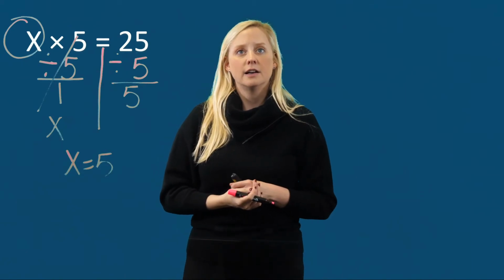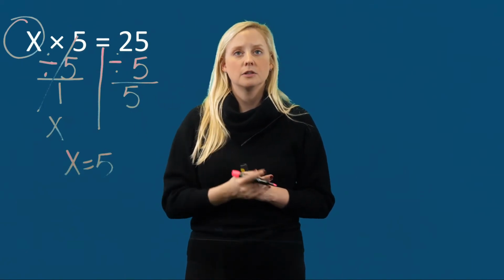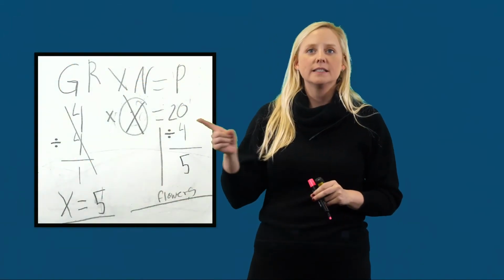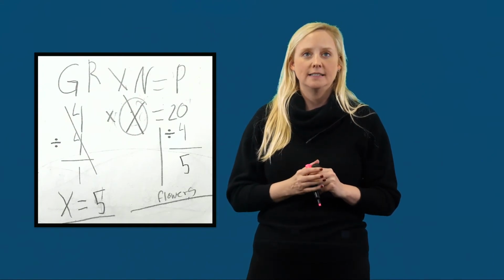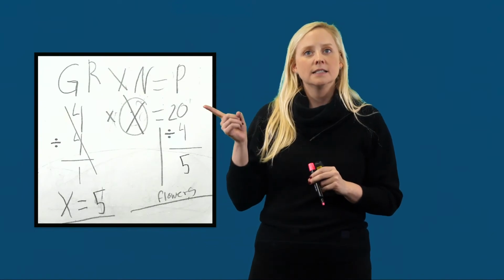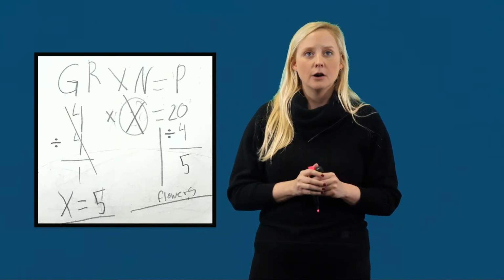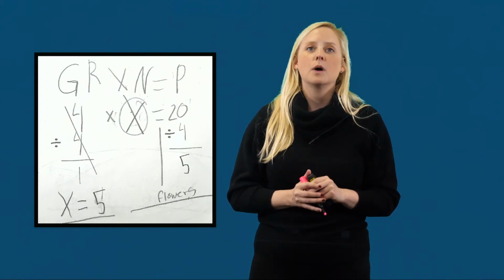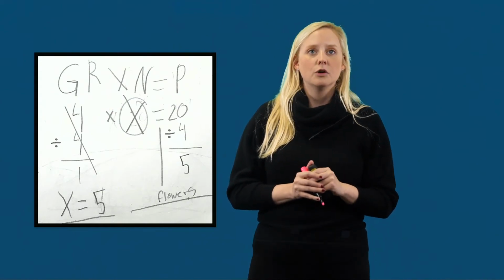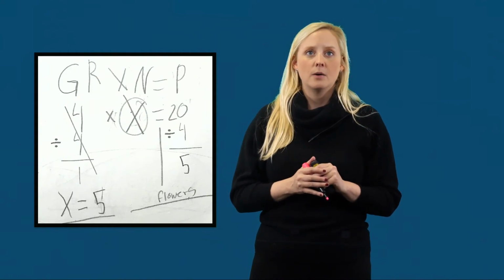Now let's take a look at an example of student work that's similar to this problem. So here we see an example of student work where the student had to divide in order to isolate the x. This is an example of a problem that was in our small group intervention where students were learning the equal group schemas. Again, if you want more information on our equal groups schema, you can view that PowerPoint presentation.